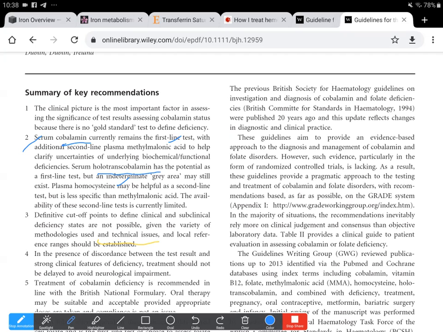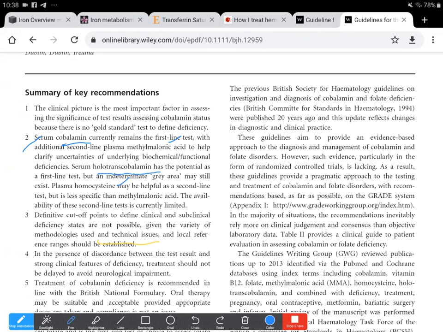And also another substrate that accumulates is homocysteine, which is converted to methionine by methyl cobalamin, the famous reaction that we know of, methylation, in which homocysteine is converted to methionine. So there are two conversions: homocysteine to methionine by methyl cobalamin, and methyl malonyl CoA to succinyl CoA by adenosyl cobalamin.